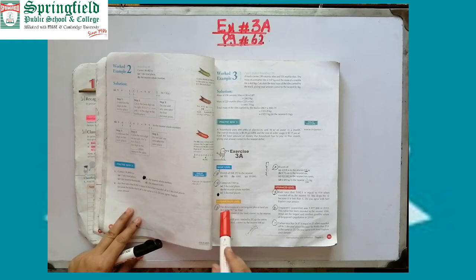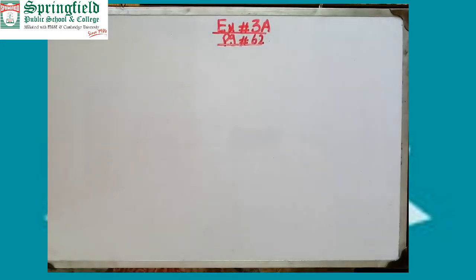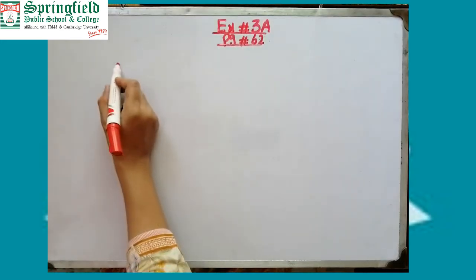Okay. Now, dimensions means sides. The given sides of the rectangular plot are, okay, question number 3.